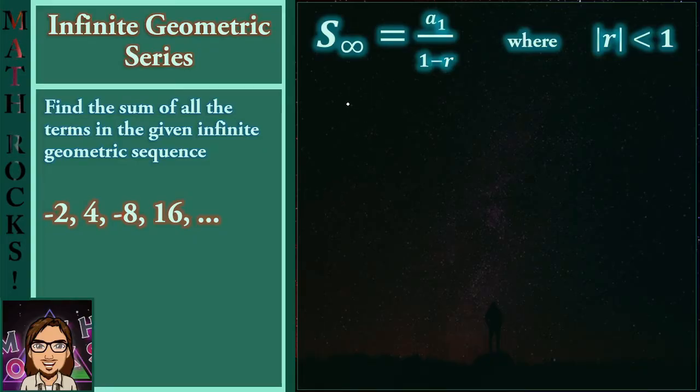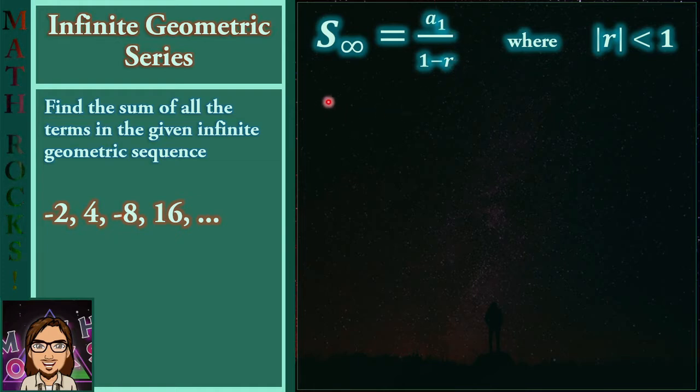So here in our first problem, we would like to find the sum of all the terms in the given infinite geometric sequence. Now, there are only two quantities that we would like to know based on our formula, and those are a sub 1 and the common ratio.